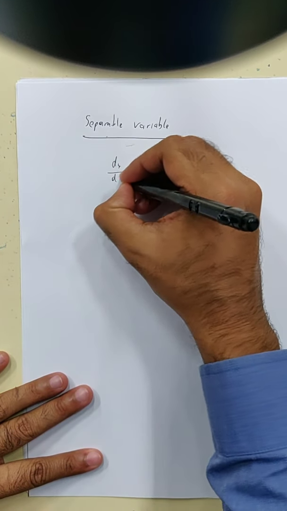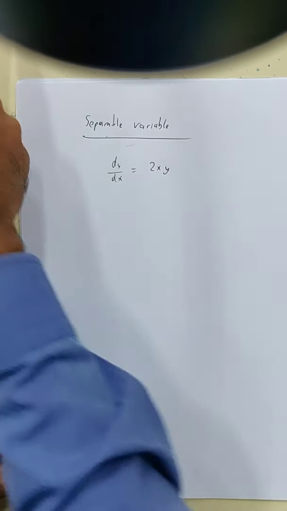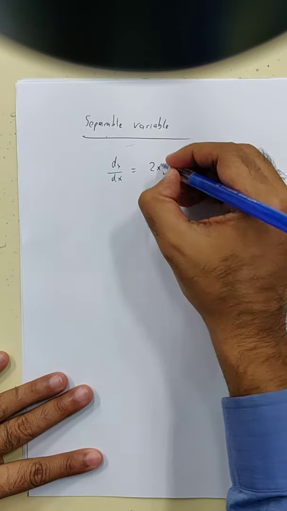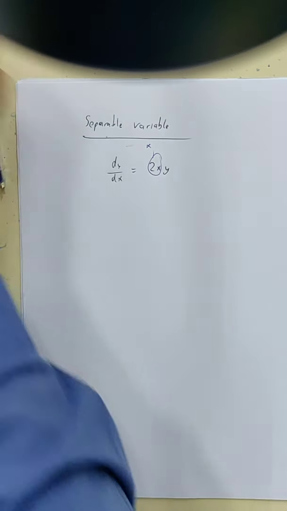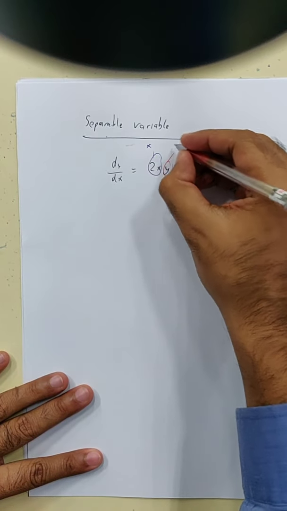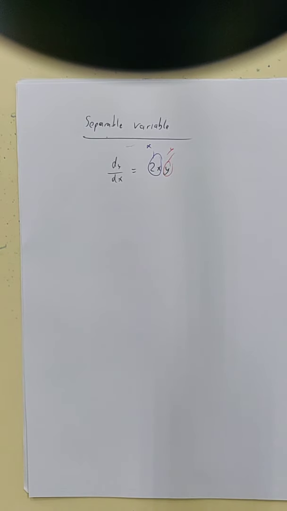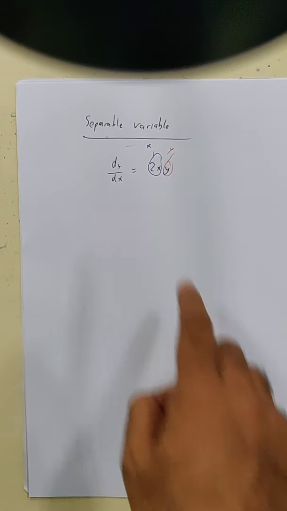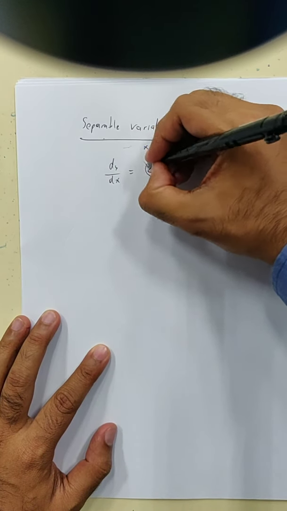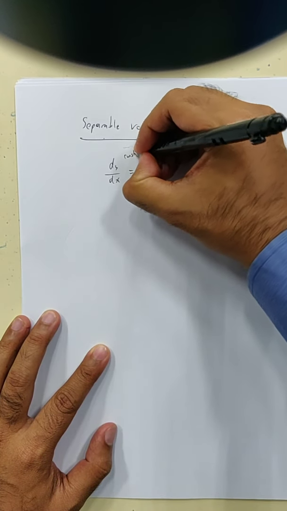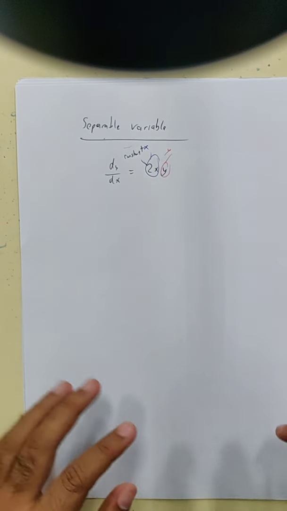Let's say you got dy/dx. You will have two things here. One is x. Another one is y. Someone said, sir, 2 is a constant, sir. Well, I prefer my constant to stay with x, combined with x.